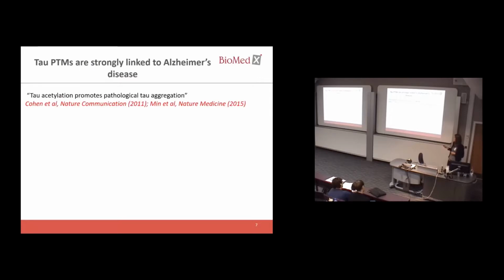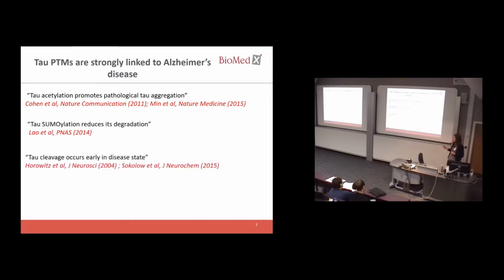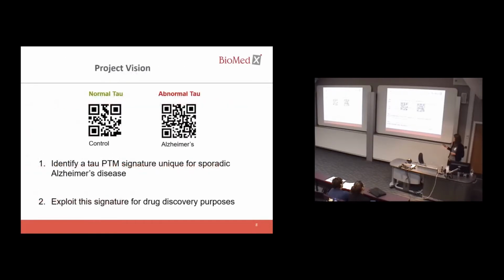We have papers about tau acetylation that can promote aggregation. We have sumoylation, as I said, that shows an interplay with ubiquitination and can regulate tau degradation. We have proteolysis, which is another big factor in tau pathology, and glycosylation, which seems to be somewhat protective against aggregation.